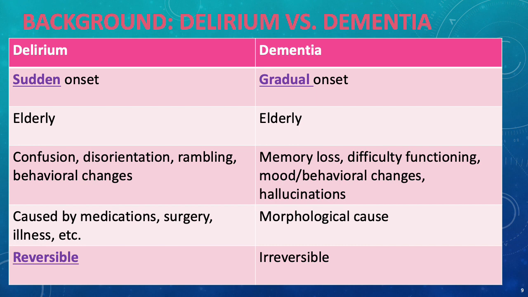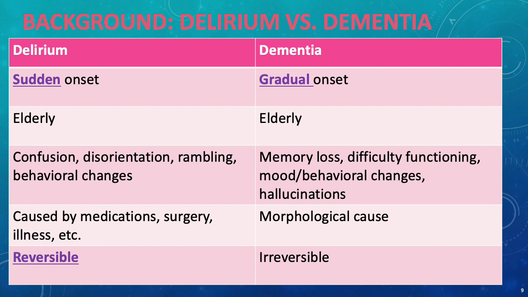Also, I want you to focus on whether or not it's caused by something structural or something else. And this kind of links back to what we talked about with mild cognitive impairment and dementia. Remember that with delirium, it could be caused by things that cause trauma, like medication, surgery, illness, traumatic events, things like that.